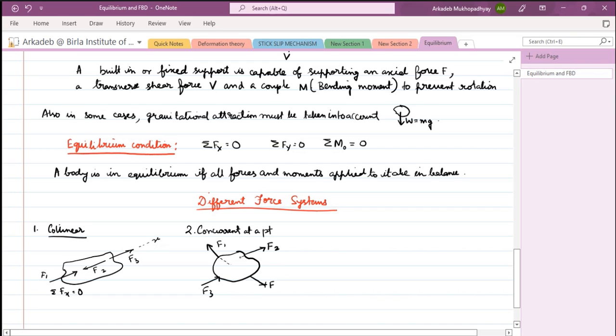All of them meet at a point O. Then in such a case, summation Fx equal to 0, summation Fy equal to 0. That will be your equilibrium equation.